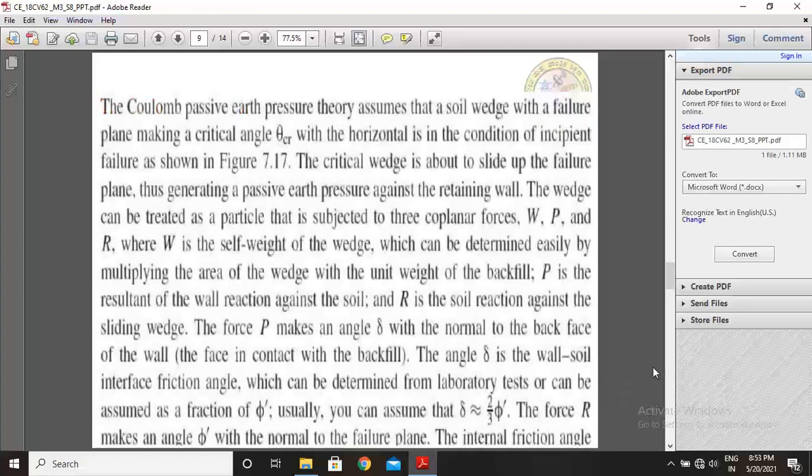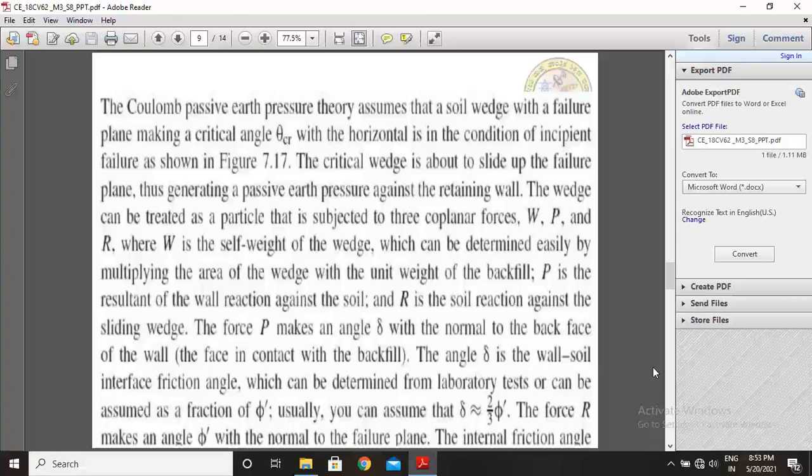The Coulomb passive earth pressure theory assumes that a soil wedge with a failure plane making a critical angle theta CR with the horizontal is in the condition of incipient failure, as shown in figure 7.17. The critical wedge is about to slide up the failure plane, thus generating a passive earth pressure against the retaining wall.